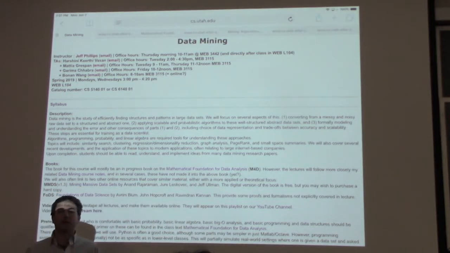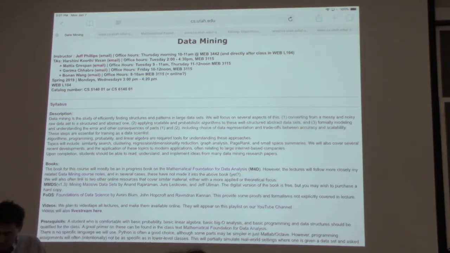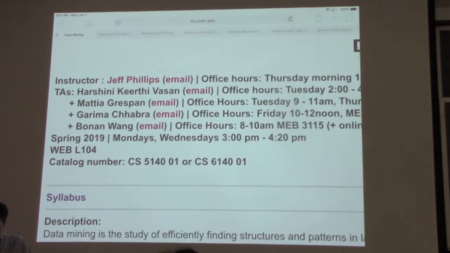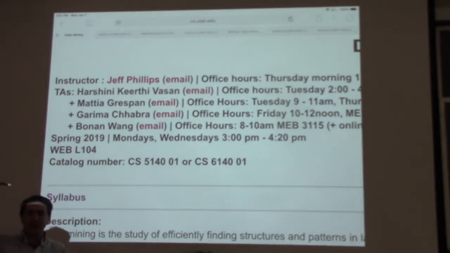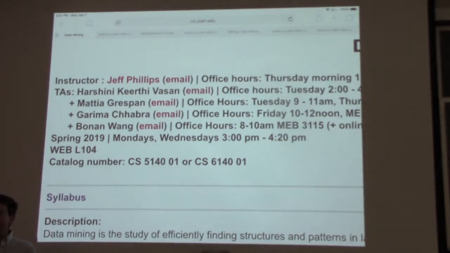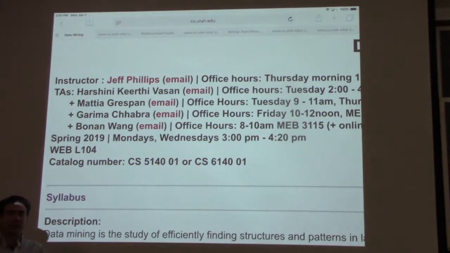We also have some great TAs for the course. Two of the TAs are here today. One is Madia. You can raise your hand so everyone can see you. All the TAs were in this class last year and excelled in the class, so they should be able to help with questions.